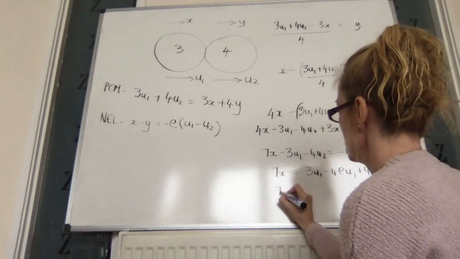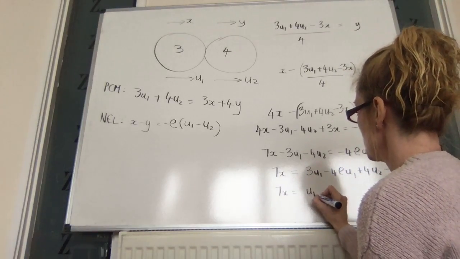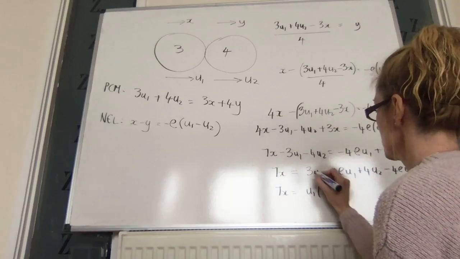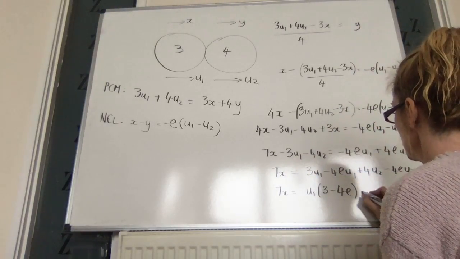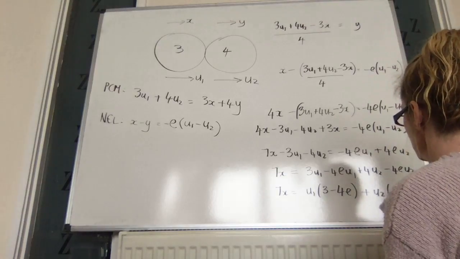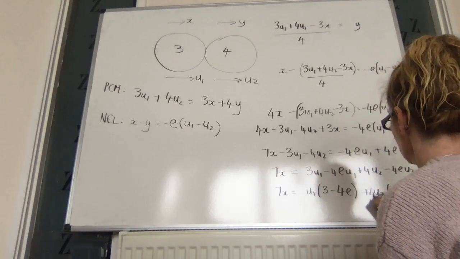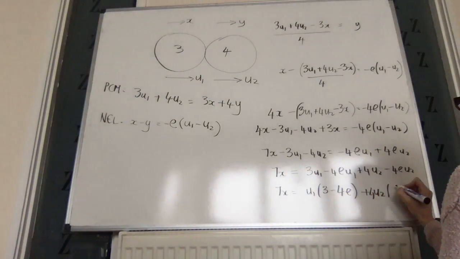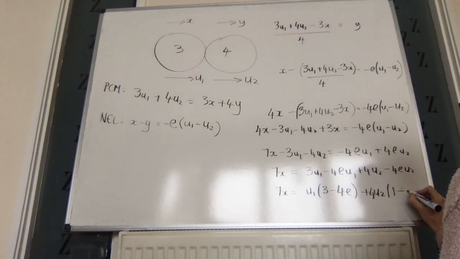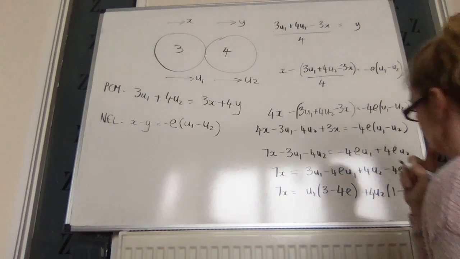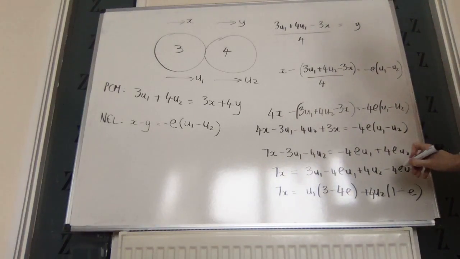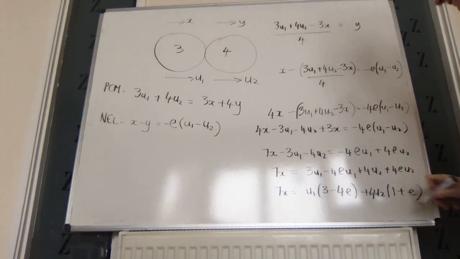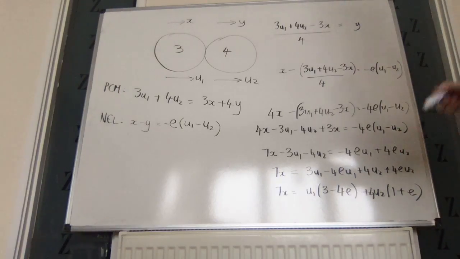So 7x is equal to, they want the u1 outside, so u1 times (3 minus 4e), plus, I presume they want the u2, they take out the 4u2 here, so it's 4u2 times (1 minus e). Ooh, I've got a minus and they've got a plus. Where did I get the, oh, that's a plus, sorry. It's a plus from here and it's a plus here. So that's the first part.